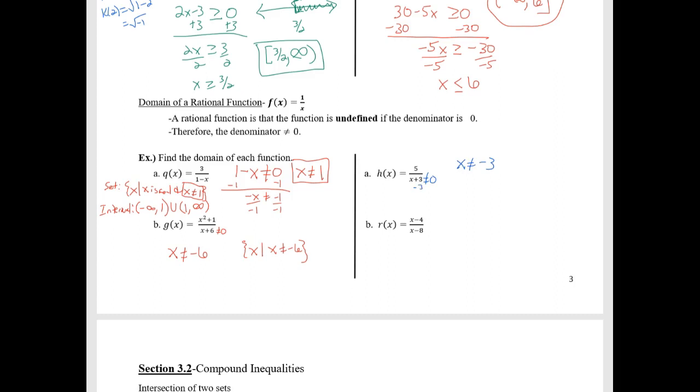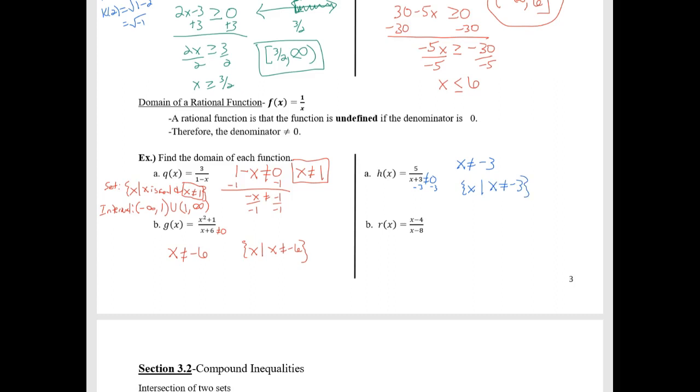So if I subtract 3 from both sides, that would give me x is not equal to negative 3. And I can check it. Negative 3 plus 3, in fact, would give me 0, which I can't have. So we want the set of x's such that x is not equal to negative 3. That's the only value it can't be.